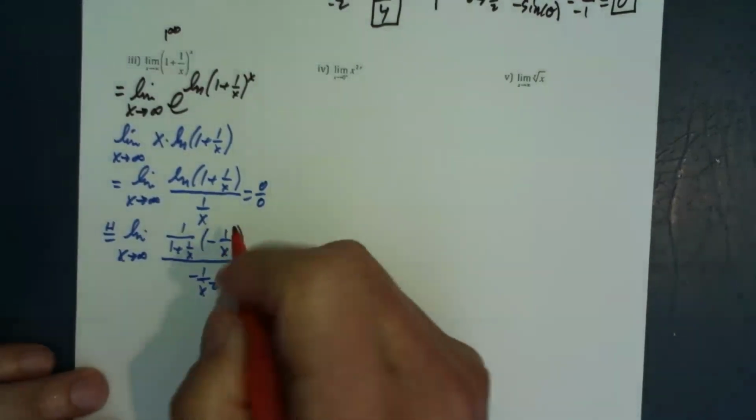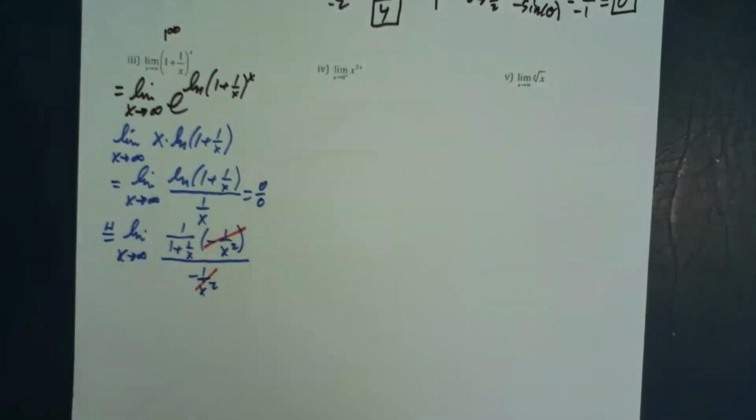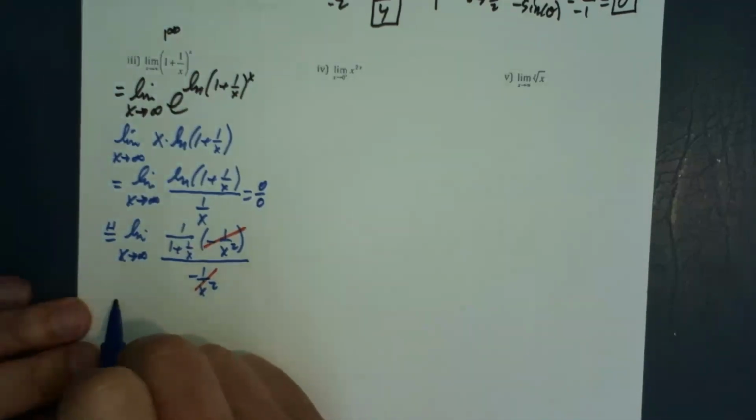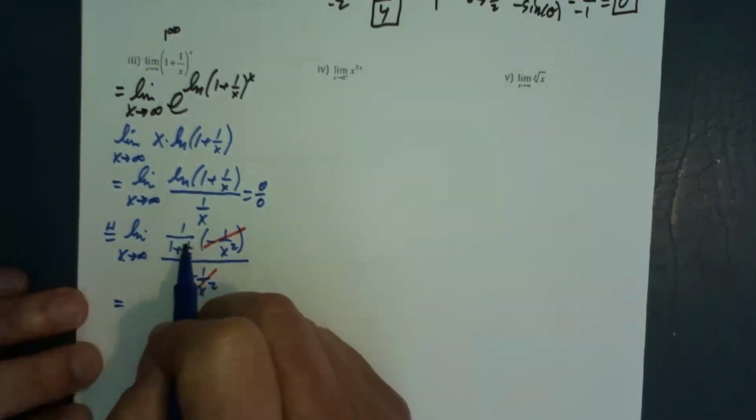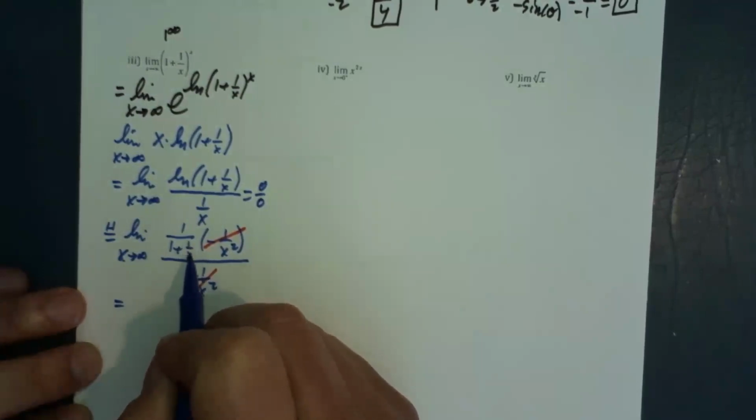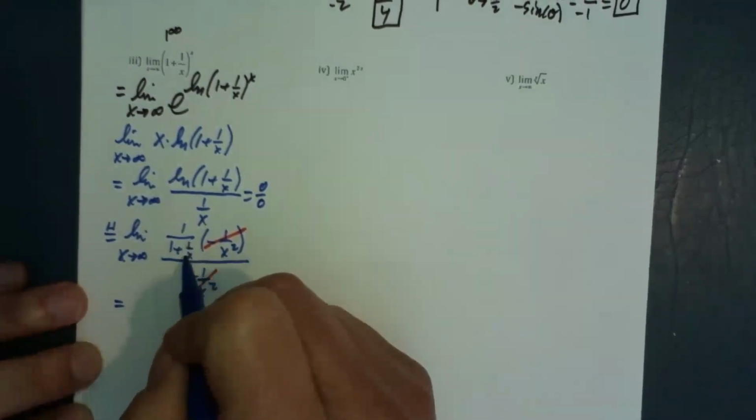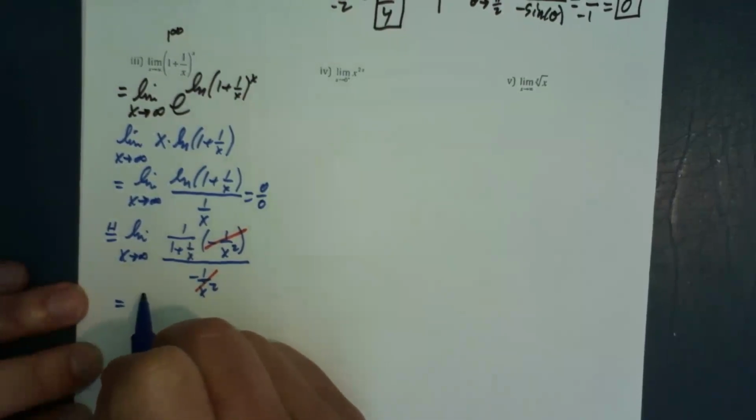And you can see very nicely, those are gone. Which means this limit, as x goes to infinity there, that goes to 0, which means this limit goes to 1 over 1, which is 1.